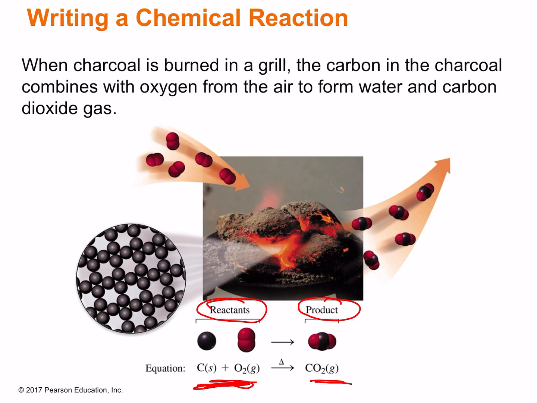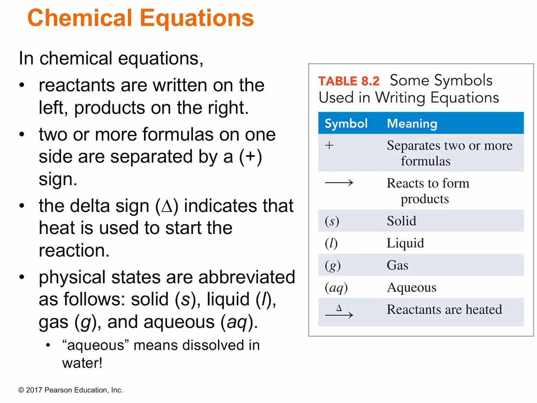The arrow in the middle, right here, separates the reactants from the products, and is always telling us the direction of the reaction. In this class, that arrow will always be going to the right. In higher levels of chem, it can go other directions, but in this class, it will always go to the right. So here are some really common symbols that we see.